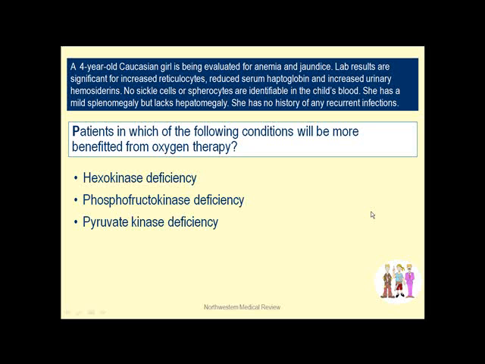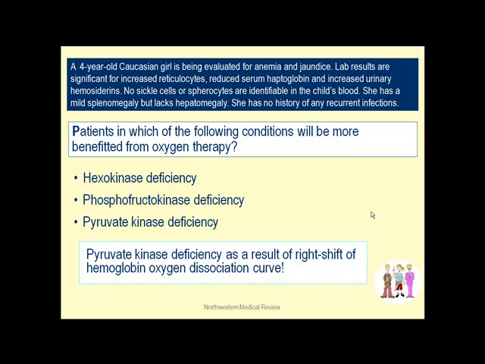Patients in which of the following conditions will benefit more from oxygen therapy? Those are going to be patients with pyruvate kinase deficiency, because in this condition we get a right shift of the oxygen hemoglobin dissociation curve, and increasing the tension of the oxygen will improve the oxygenation of the hemoglobin in these patients.